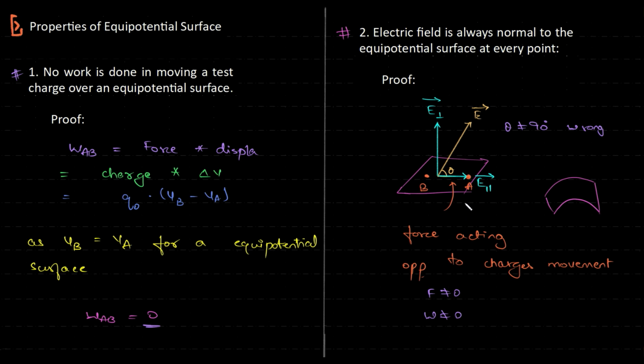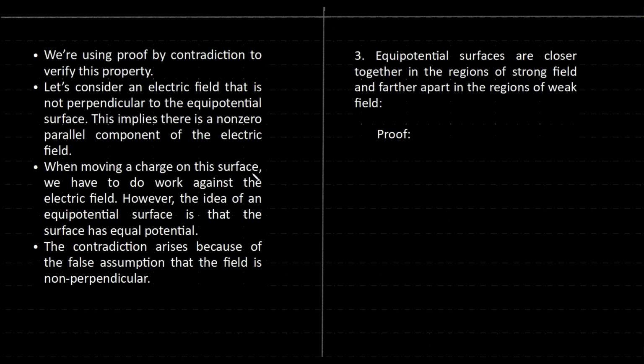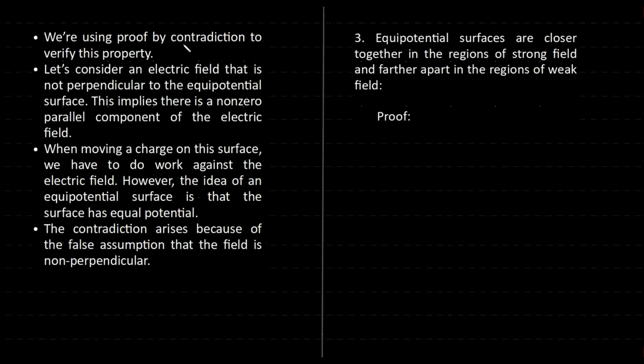Okay, guys, so let me show the write-up. We're using proof by contradiction in this scenario. I hope you guys remember proving root 2 is irrational and all of that. You studied it in your 8th, 9th, 10th grade, somewhere along that line. So let's consider an electrical field that is not perpendicular to the equipotential surface. This implies that there is a non-zero parallel component of the electrical field. Agree? So when moving a charge on the surface, we have to do work against the electrical field.